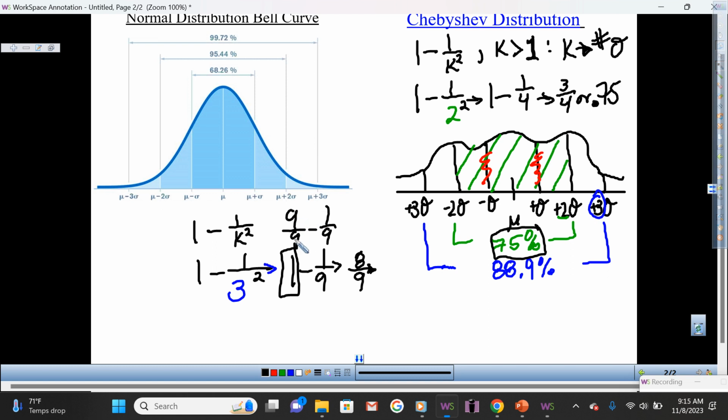So therefore, 9 ninths minus 1 ninth is what? Yeah, but I'm saying 8 ninths, right? So you said 0.88, and that gives us what?